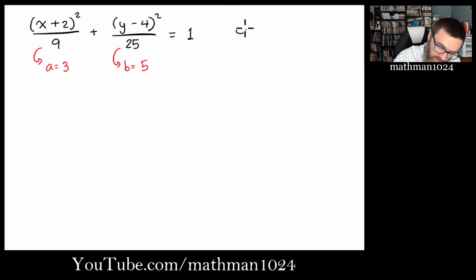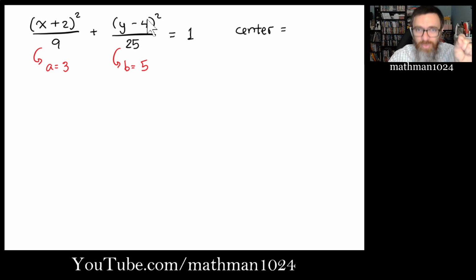All right, so the center is not going to be the origin anymore. The center is going to come from the pieces that you see inside the x and the y. Now, I'll make it very clear to you. Whatever's inside with the x, that contributes to the x-coordinate of the center. Whatever's inside with the y contributes to the y-coordinate, just like it was when we were identifying the vertex for the parabola.